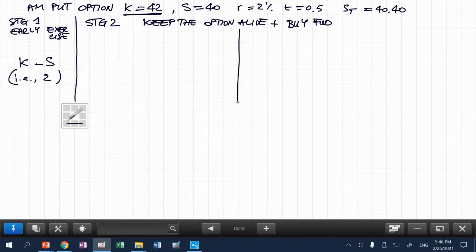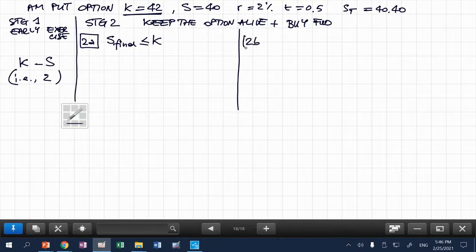Now, let us see what happens in the two cases. Again, the first one is the one in which the option will be exercised, which means the case in which the final price is equal or smaller relative to the strike. And so the right thing is to exercise the option.